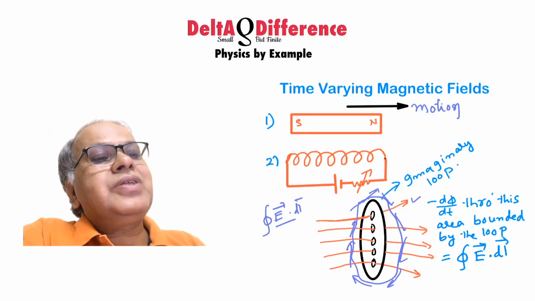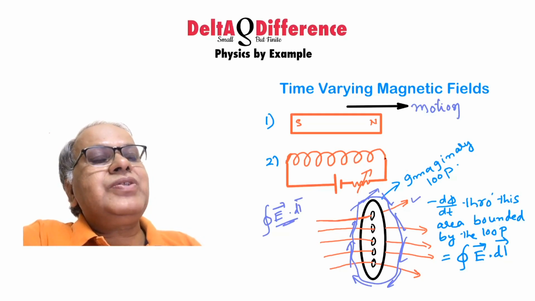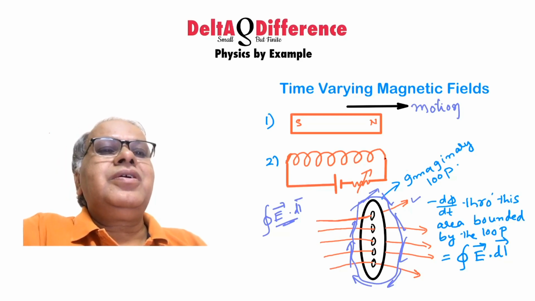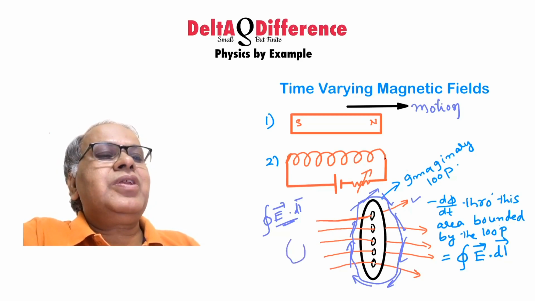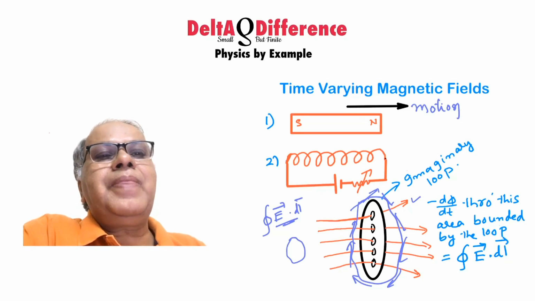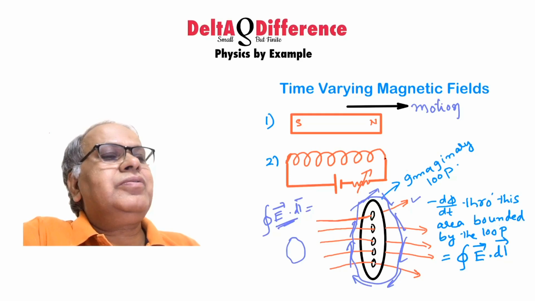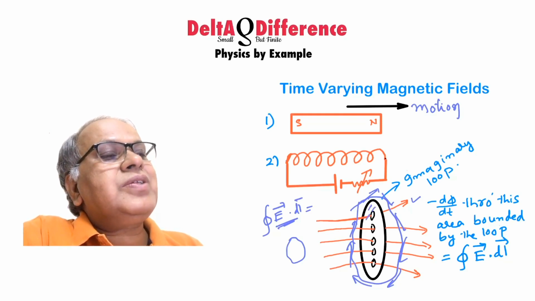Look, E dot dl is nothing but EMF. E is force per charge, so the work done per unit positive charge to move it in a closed loop is what you call EMF. So this EMF should be equal to the negative rate of change of flux passing through a surface which is bounded by our loop.